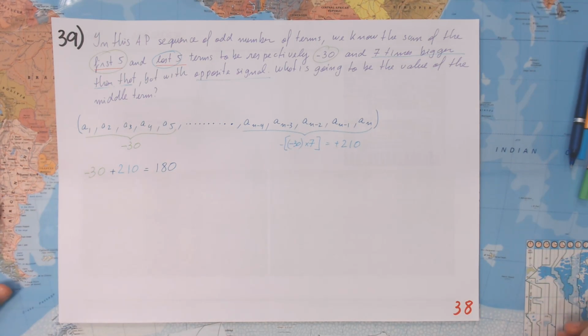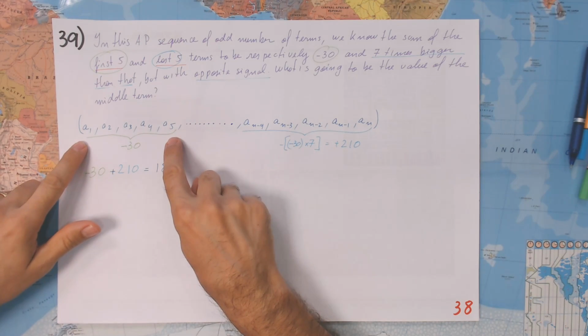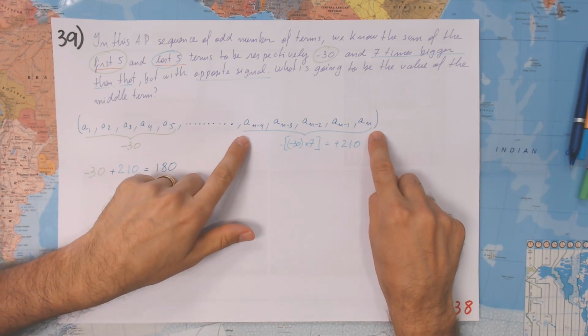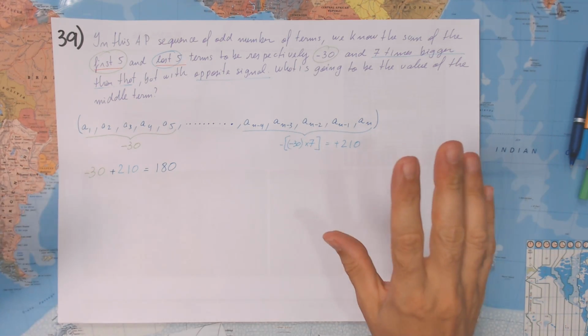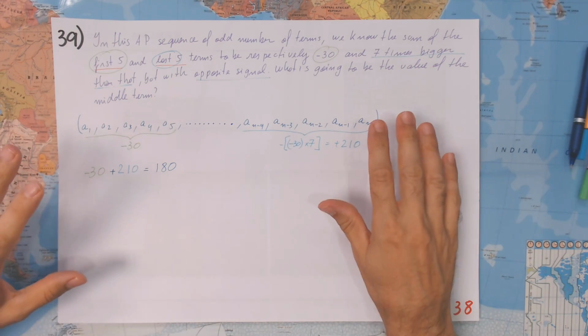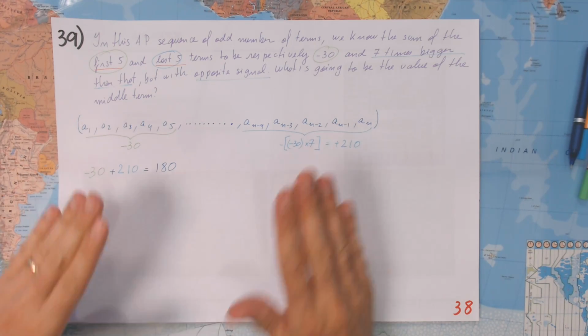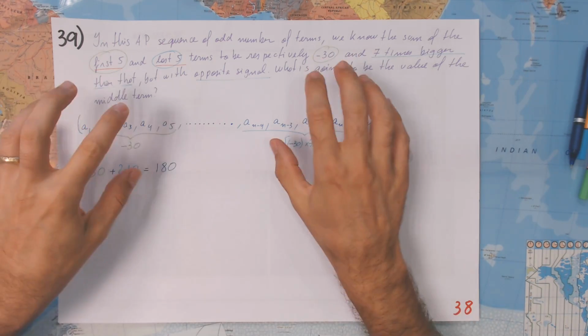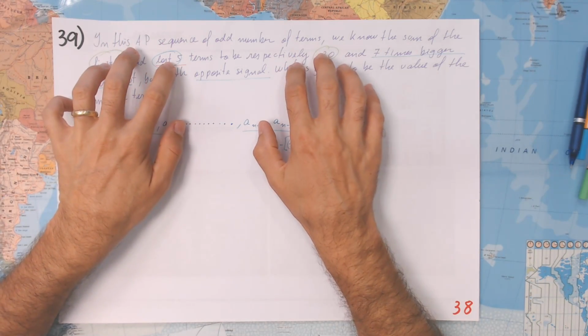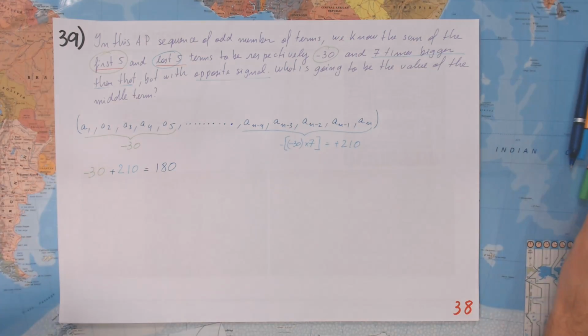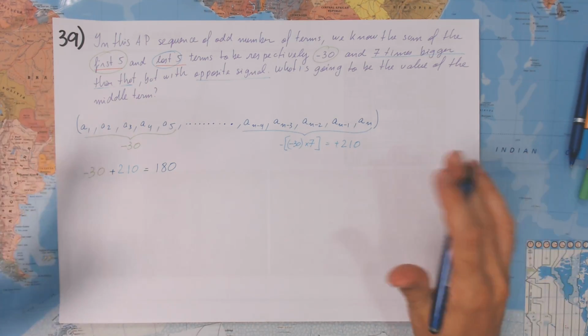Well, look, those are the first 5. Those are the last 5. It kind of resembles some equidistant terms, doesn't it? Those summations are equidistant. Now, it kind of reminds me about equidistant term summation.